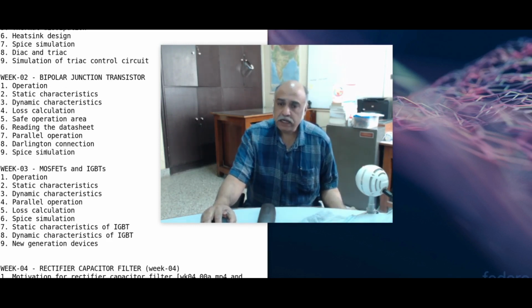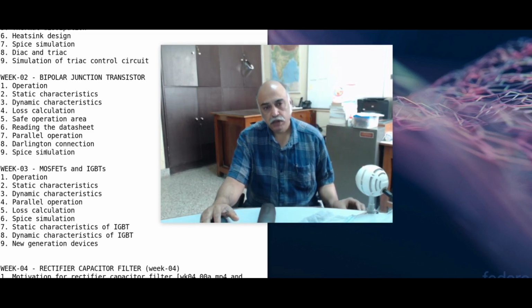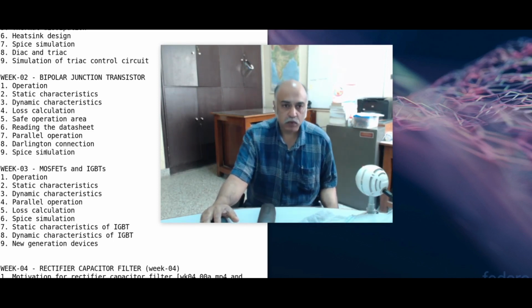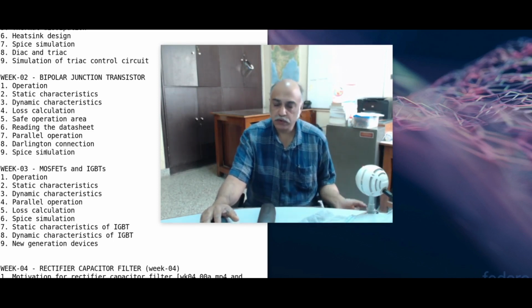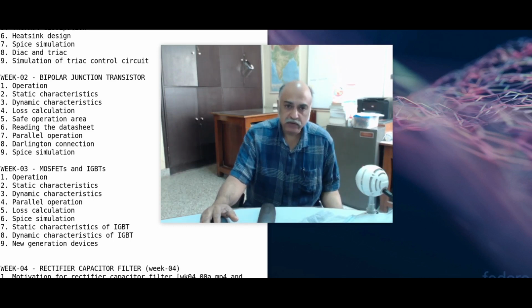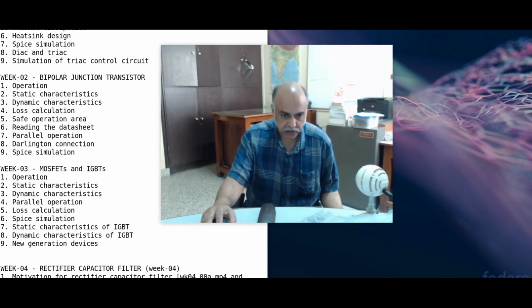There are several new devices also in the market. The high electron mobility transistors, HEMT devices, we will not be discussing, but you will get the feel for how to go about looking for what type of characteristics, what parameters you have to look for, so that you will be able to design even new devices from the data sheets later on.